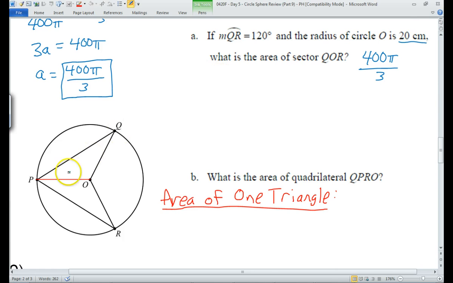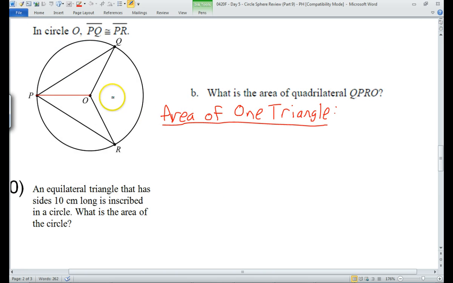So 120 degrees. Well, let me back up for a second. We're not actually told that these angles inside of here are 120. We're told that arc QR is 120, which means this central angle is 120.